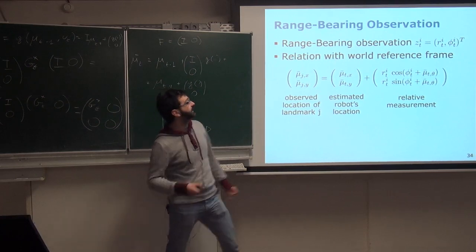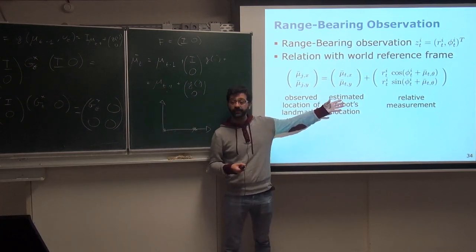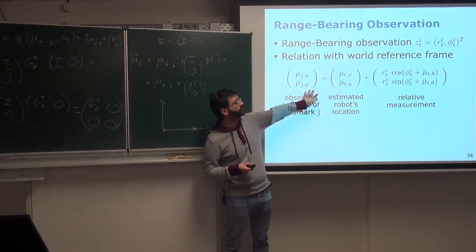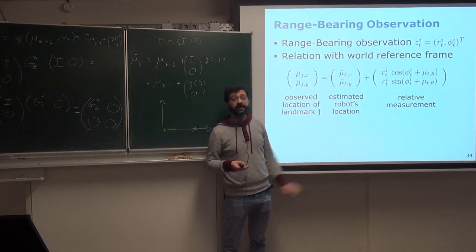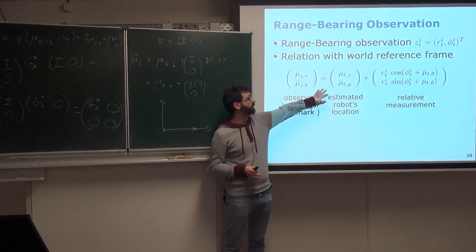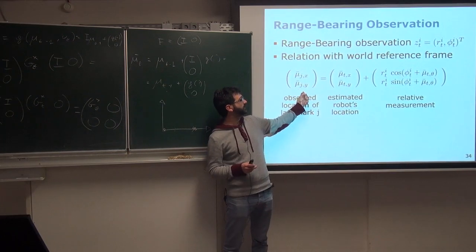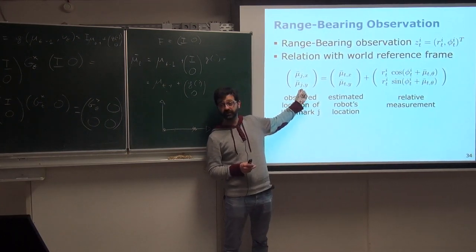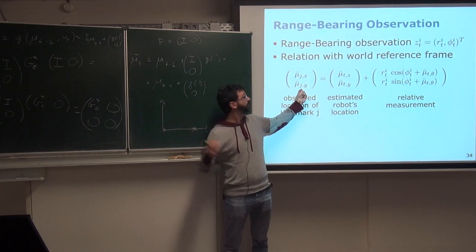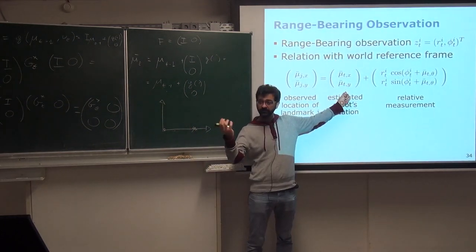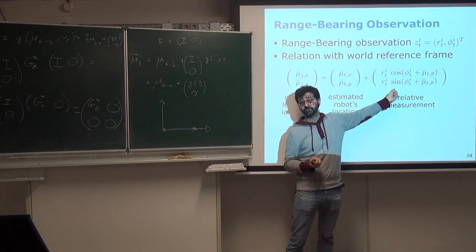If we have not observed the landmark so far, we need to transform it with respect to the reference frame. In general, this is the relation that we have with respect to the pose of the landmark in the world reference frame, or the map reference frame, considering the pose of the robot in this reference frame and the relative measurement that we have.